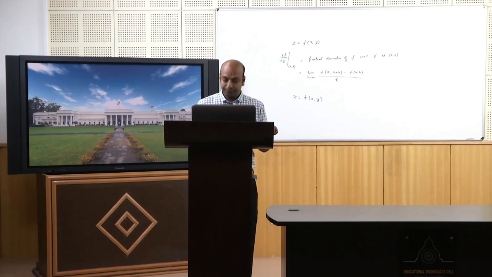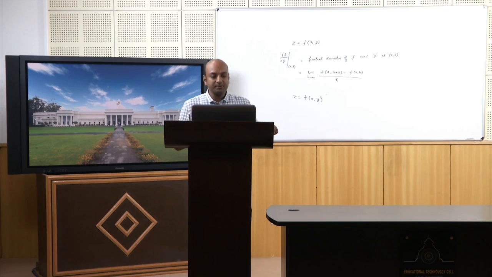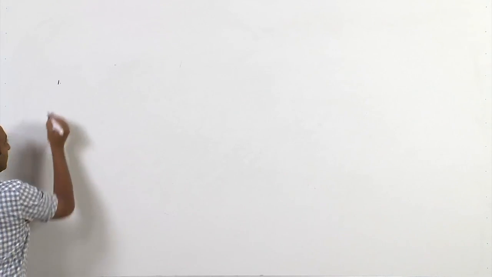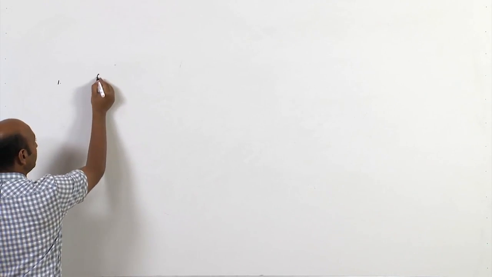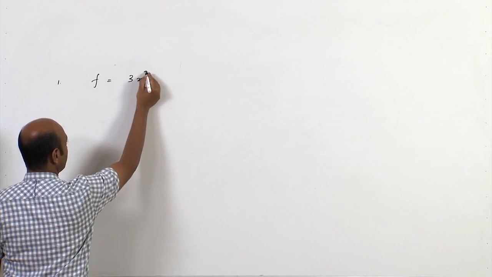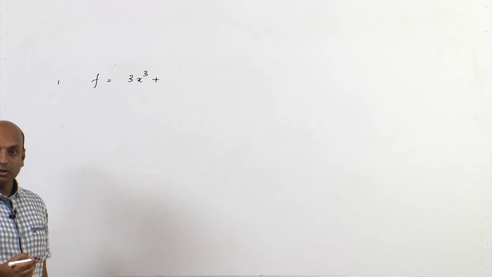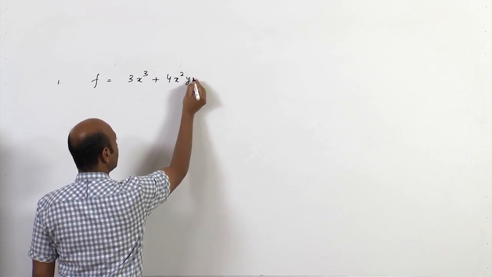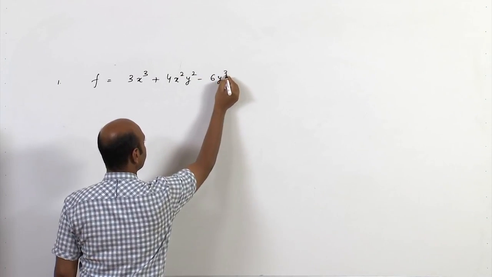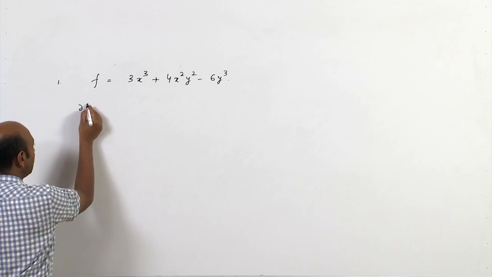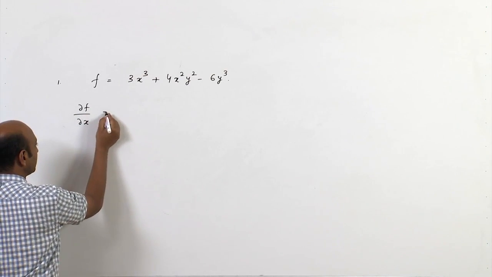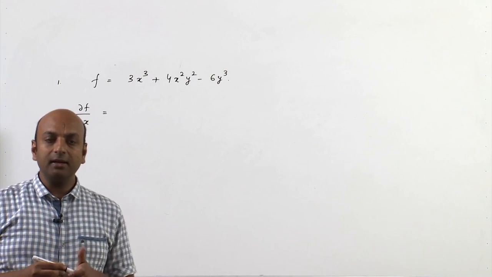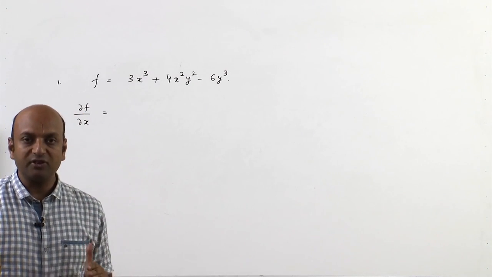So, this is how we can define first order partial derivative of two variable functions with respect to x and y. Now, we will see some problems based on this. Let us see. The first problem is f equal to 3x cube plus 4x square y square minus 6y cube. Now, suppose you want to find del f upon del x at any point (x, y). So, del f upon del x is simply partial derivative of f with respect to x.